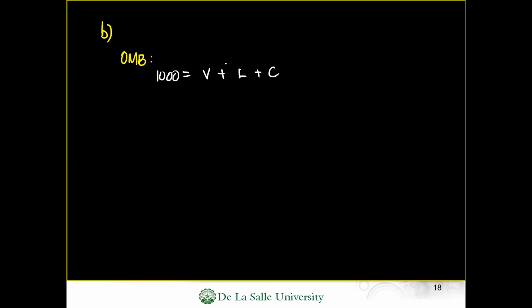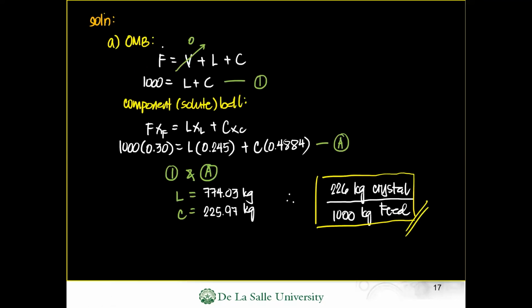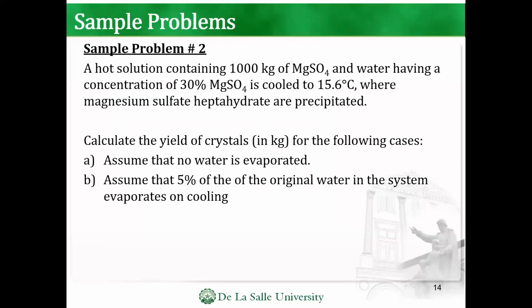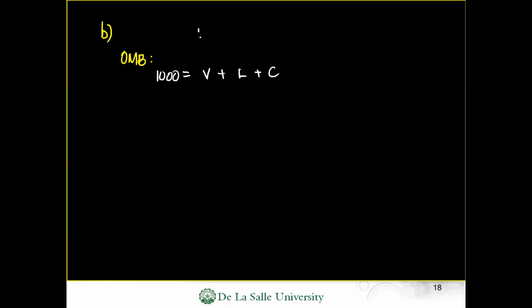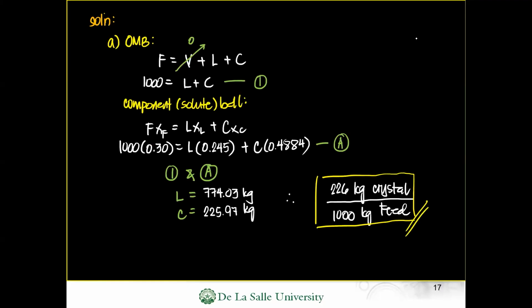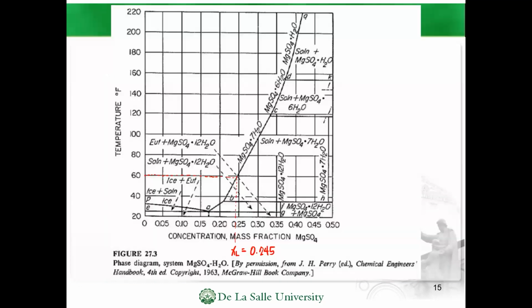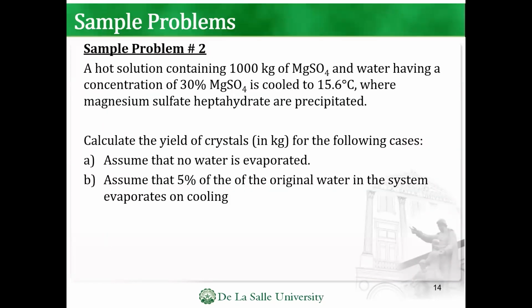Only that the V is no longer equal to 0. We have to take note that what it says in here is that 5% of the original water in the feed. So V, 5% of water in the feed. The thing is, the feed consists of 0.30 of the solution, which is 30% of magnesium sulfate, and then the rest is water.